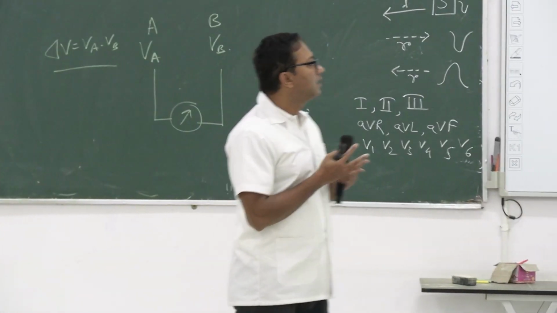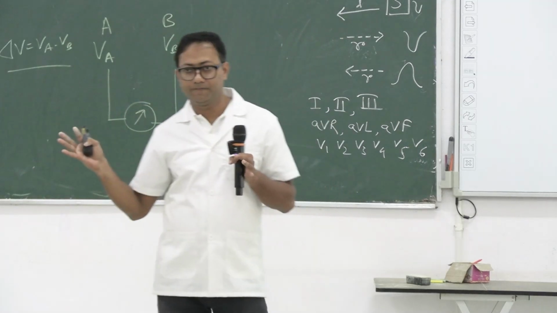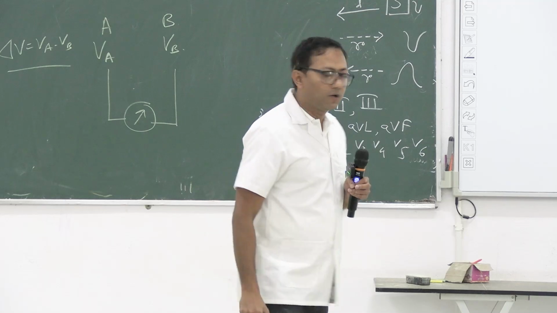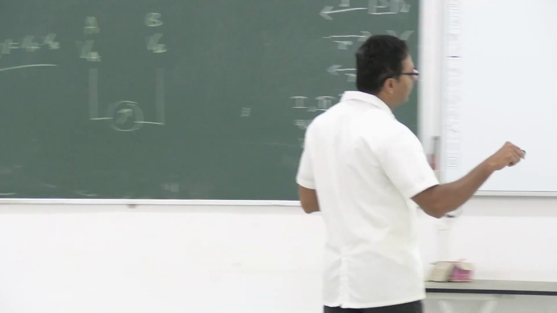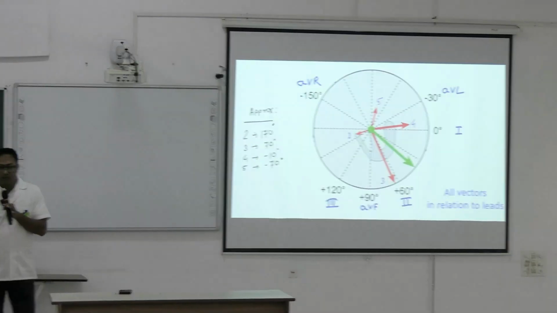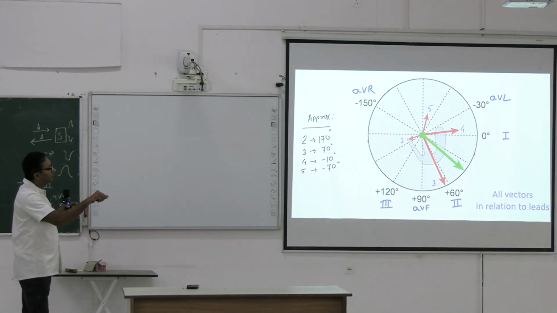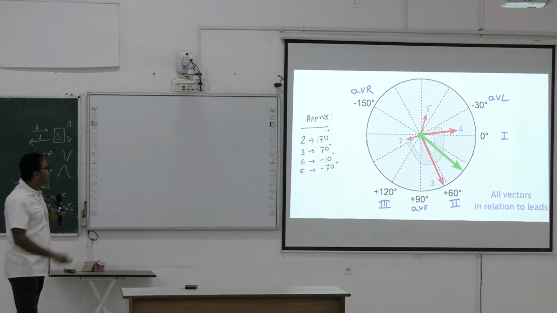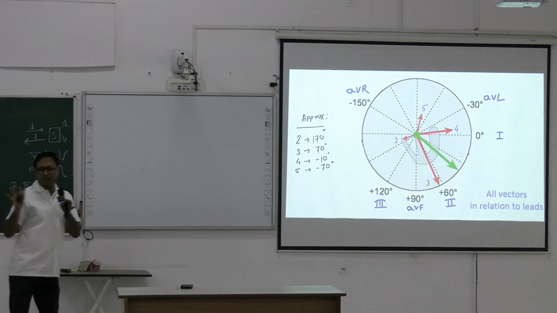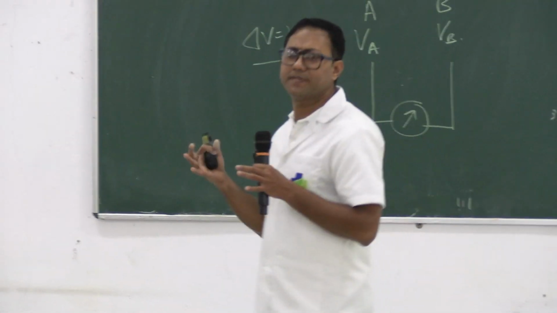All these vectors happen not simultaneously but one by one, in different directions. More or less the angles of these vectors: vector 2, the septal depolarization vector, operates at approximately 170 degrees, because no angles are fixed hard and fast, there is a specific range.